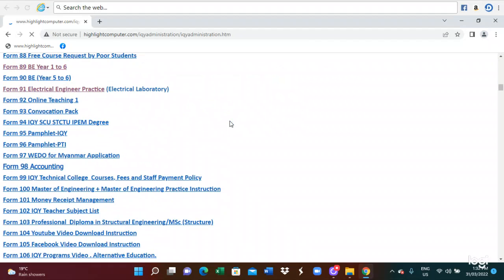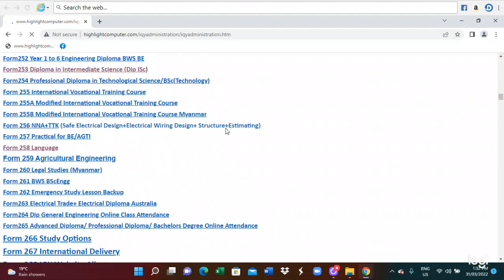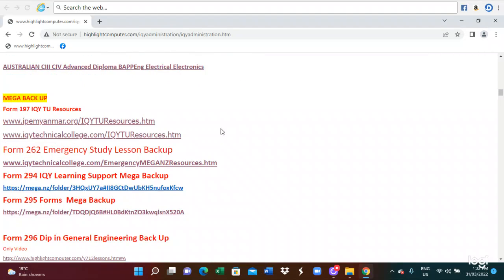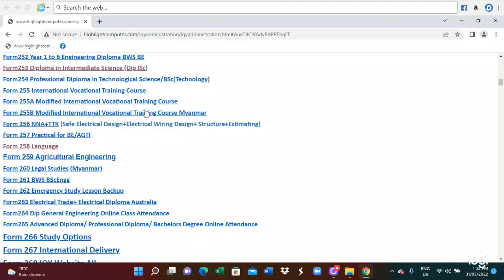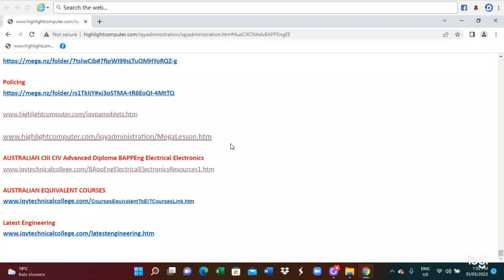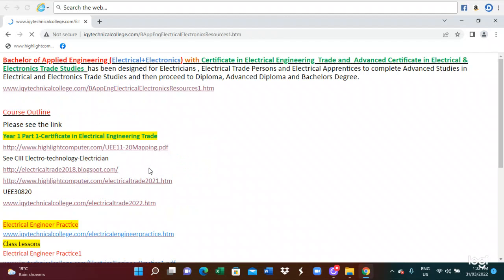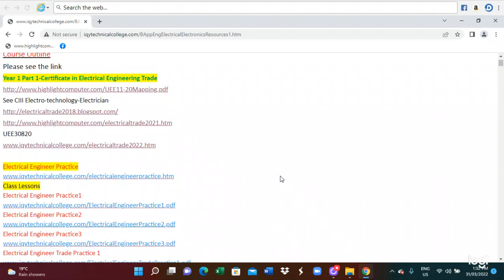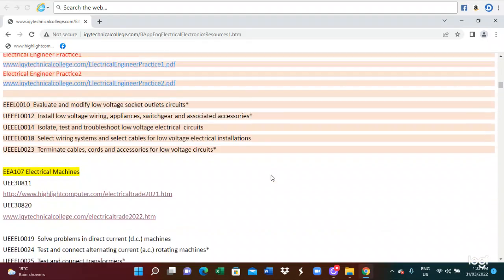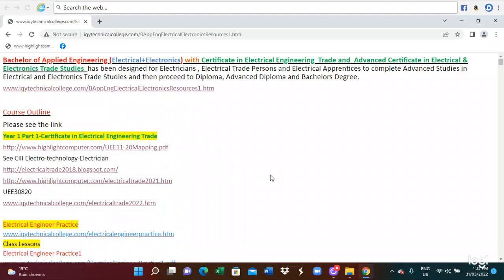So diploma is we do the advanced diploma. So look at this, this is for applied electricity, electrical, electronics.